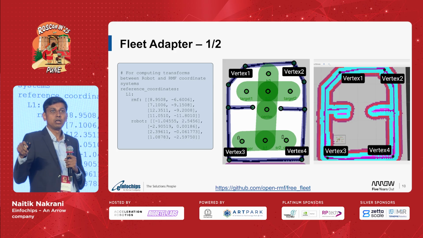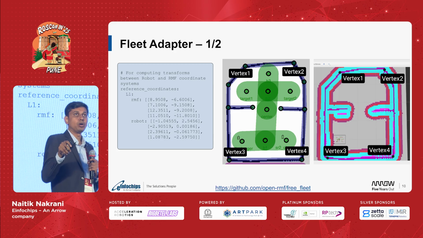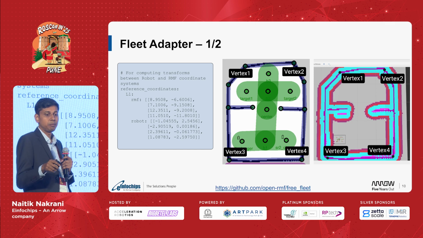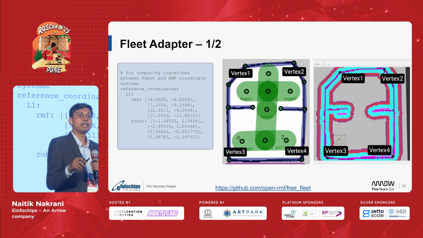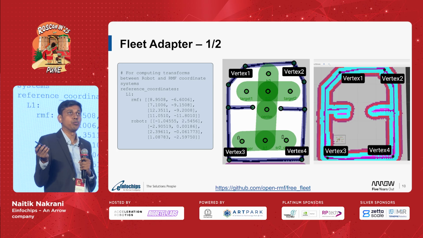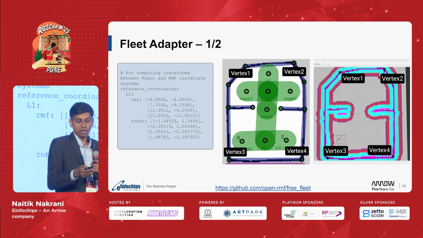It's an actual SLAM system which is running on your system, and you might need to get the exact coordinates from RViz, and then you need to enter them in your configuration file for your fleet adapter. This is very much essential. This is the way that OpenRMF localizes your AMRs which are running in your physical space.